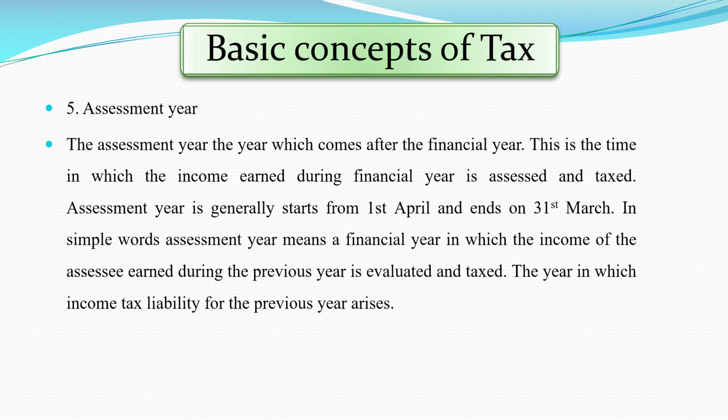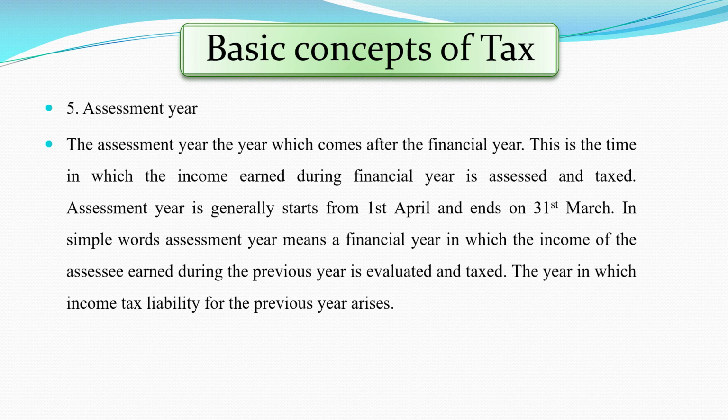Means the assessment year is the year in which the income of the assessee earned during the previous year is evaluated or assessed for tax. Generally, this year starts from the 1st April and ends on the 31st March.